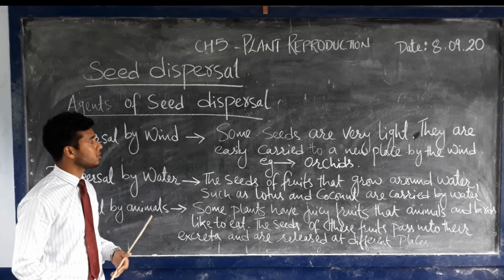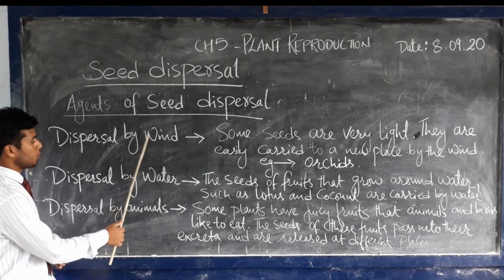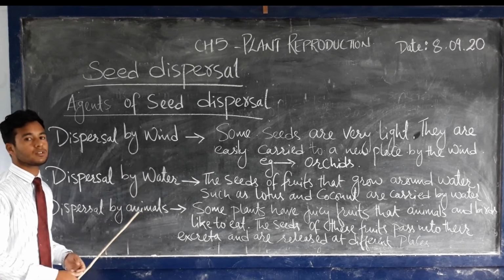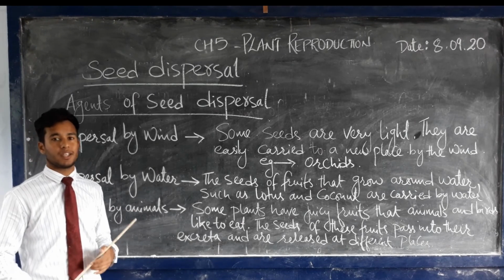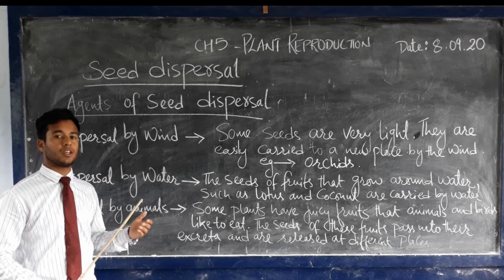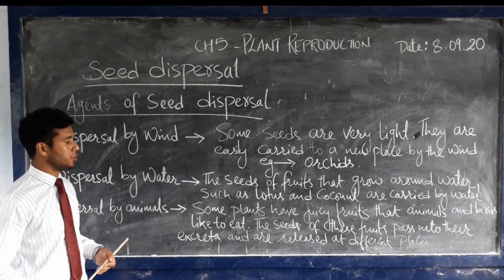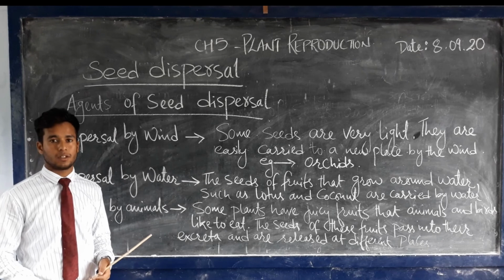So my dear students, this is how these agents or factors like wind, water, animals as well as human beings help in dispersal of seed, in taking the seed from one place to another and growing into a huge large plant.